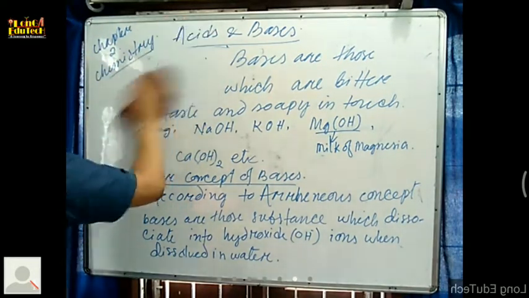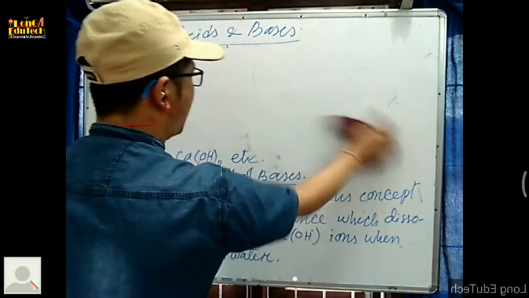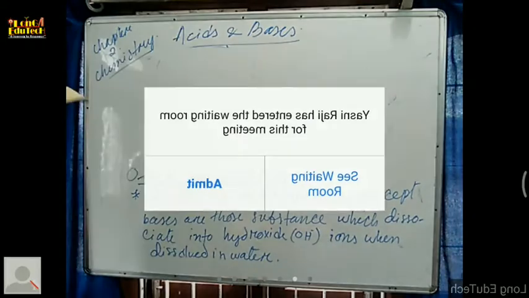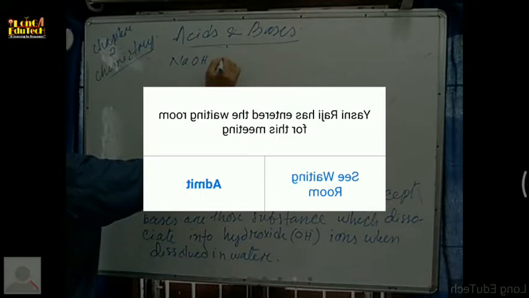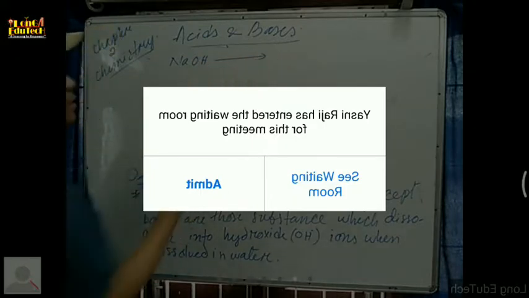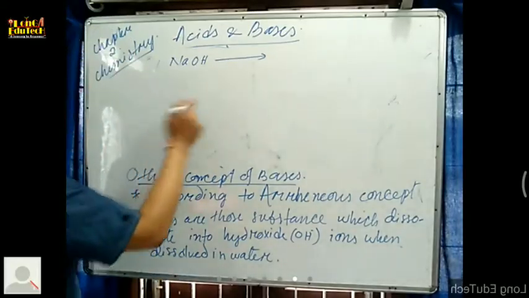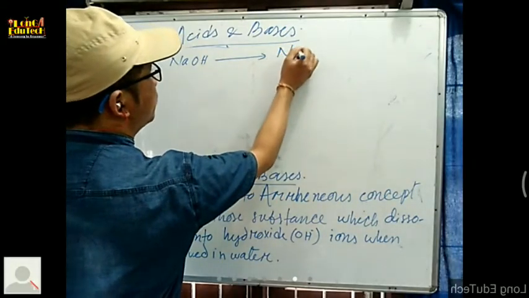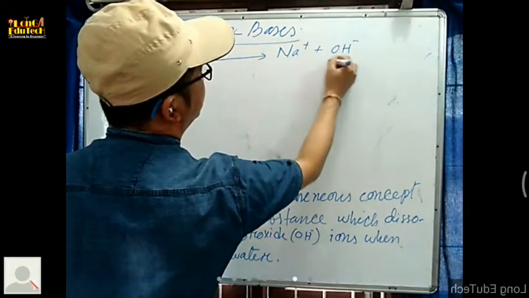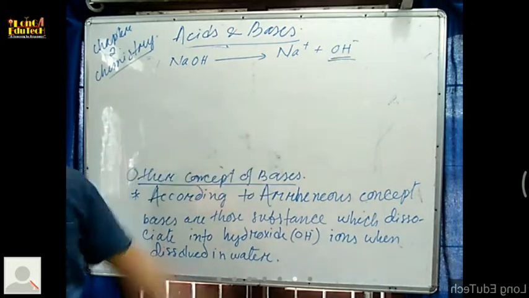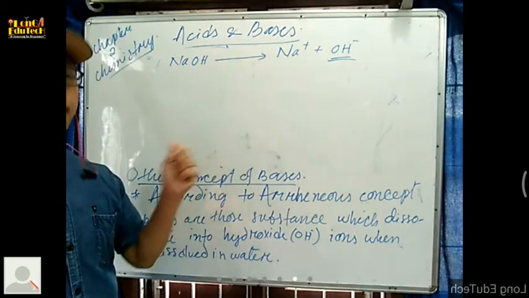Sodium hydroxide, when it is dissociated in water, what will it form? It will dissociate into sodium ions and hydroxide ions. Because of the presence of this hydroxide ion, we take it as a base.